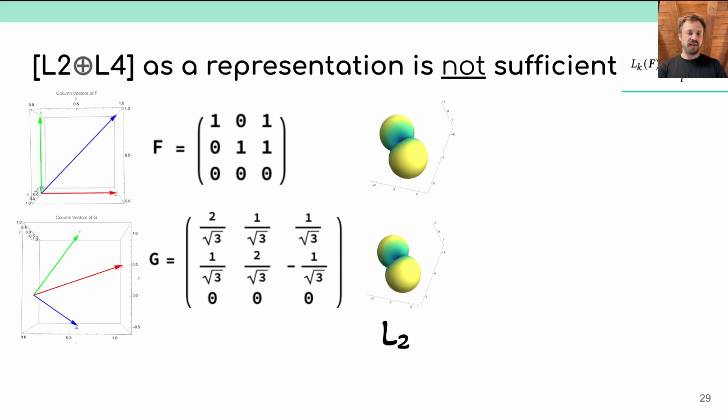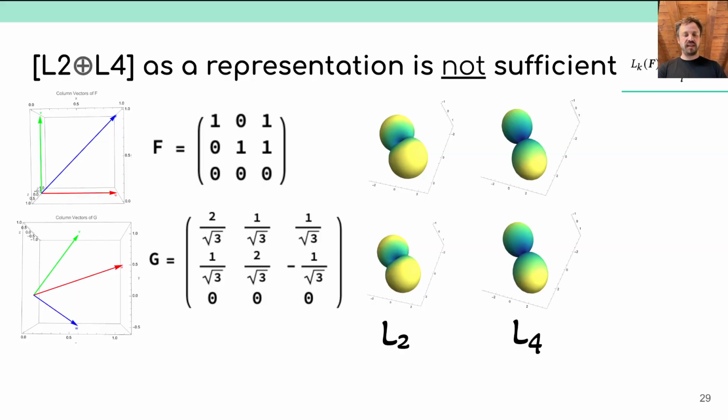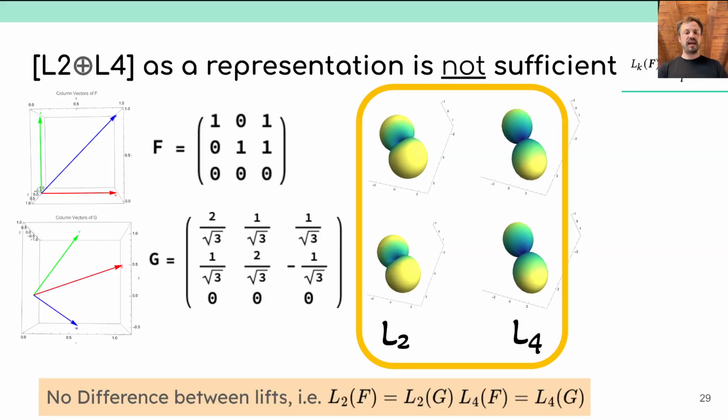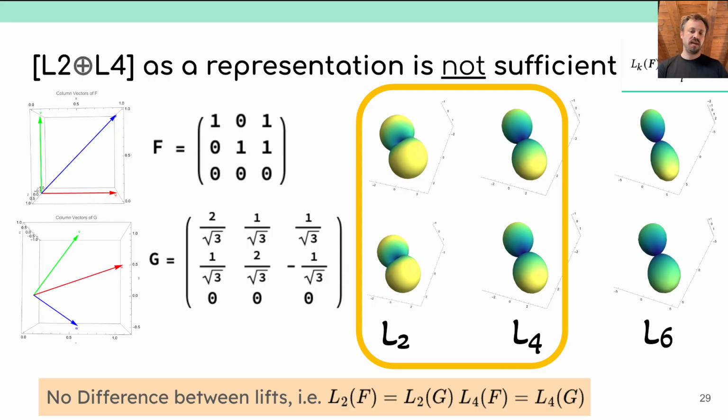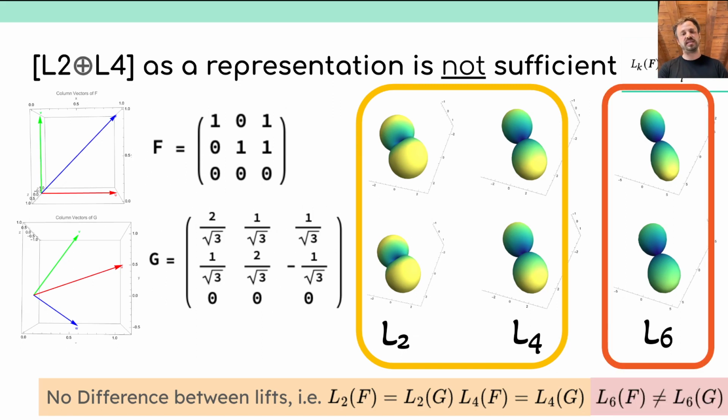For these two frames, in terms of the coefficients, L2 and L4 are identical. So this representation can't distinguish between F and G, whereas if you also add L6, these differ from each other, and so that is sufficient. Again, in the paper, we prove that the direct sum of L2, L4, and L6 is an injective representation for GL3 mod O.